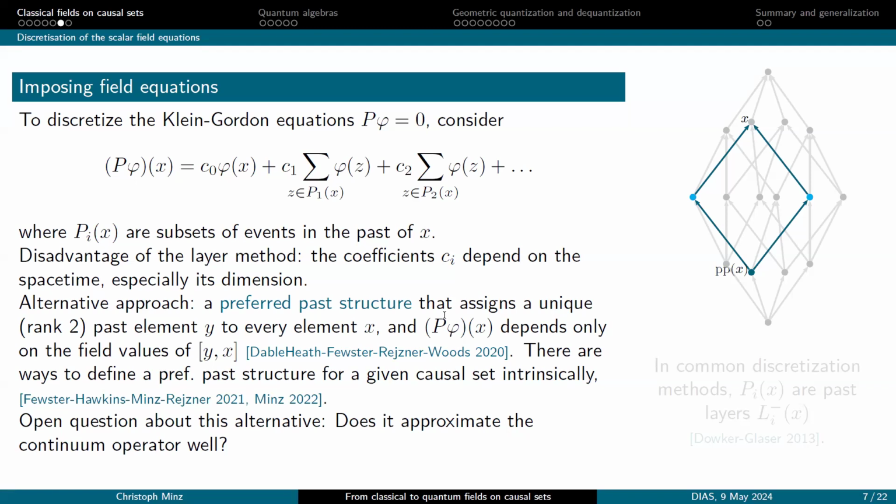There are points in the past here. It's the first coefficient on the right. It's not 0. C0 is non-zero for every point in the causal set. Past and future.